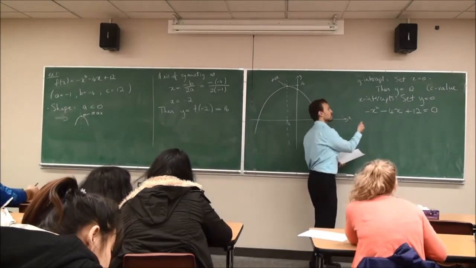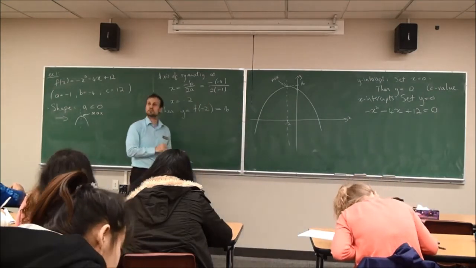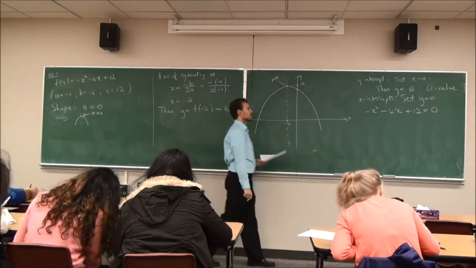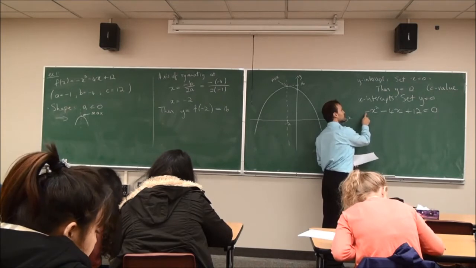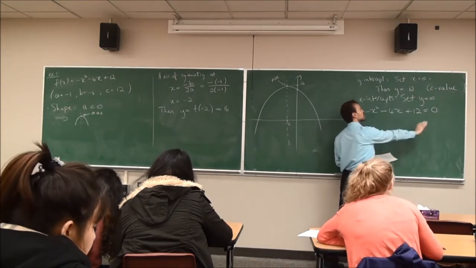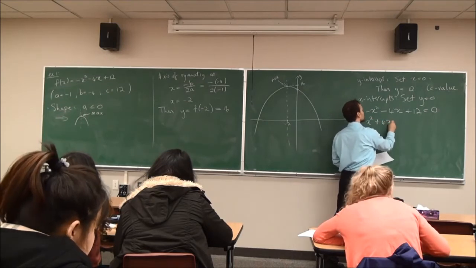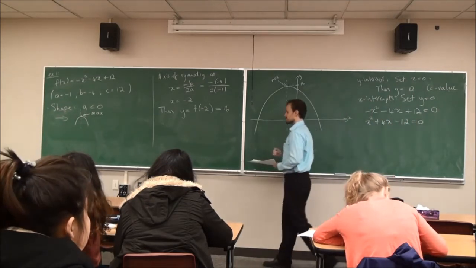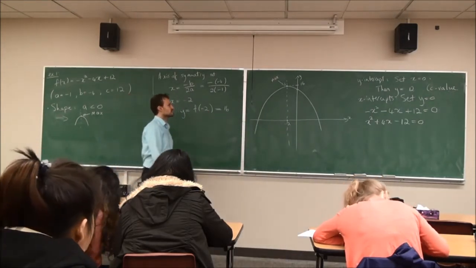But I always do a little check. Let's just see if I can factor it, because then it's going to be much faster. If I can't see it right away, the quadratic formula is always there to help me. I don't like this negative, so let's multiply by negative 1 throughout to get x squared plus 4x minus 12 equals 0. That one looks much nicer. Can I factor that?